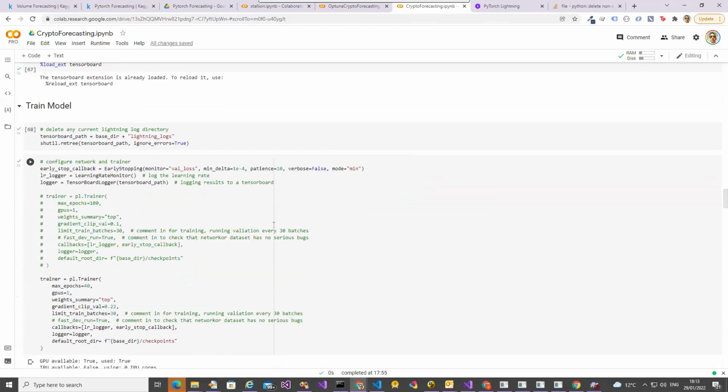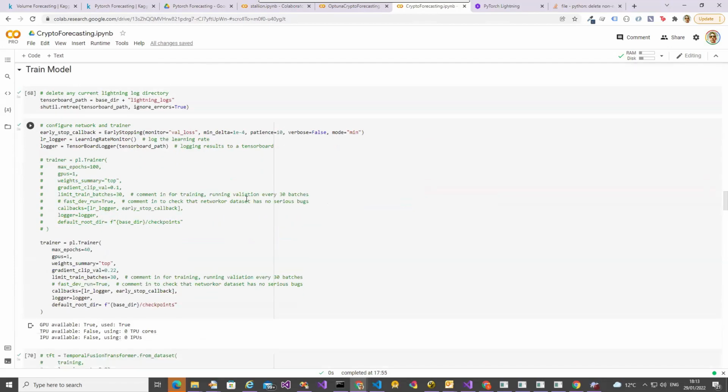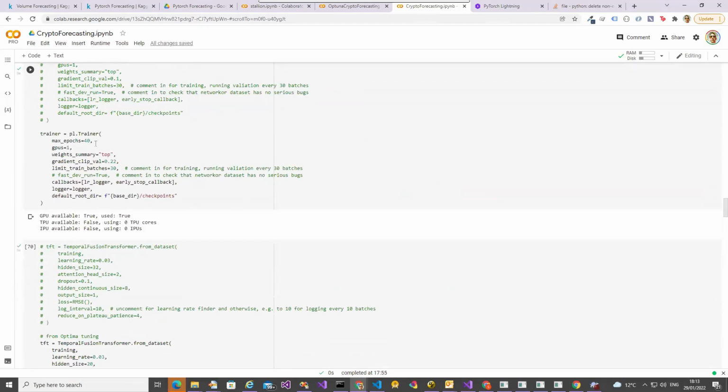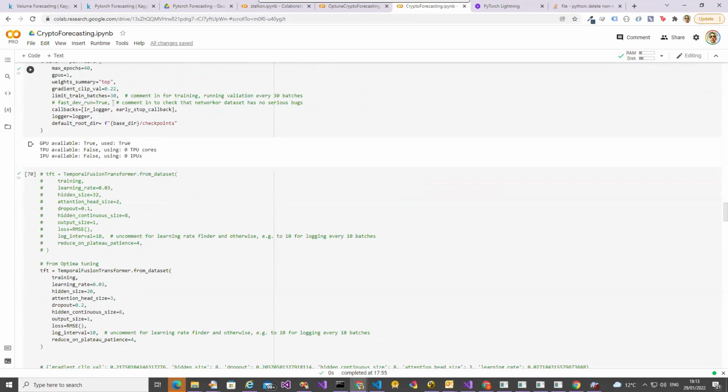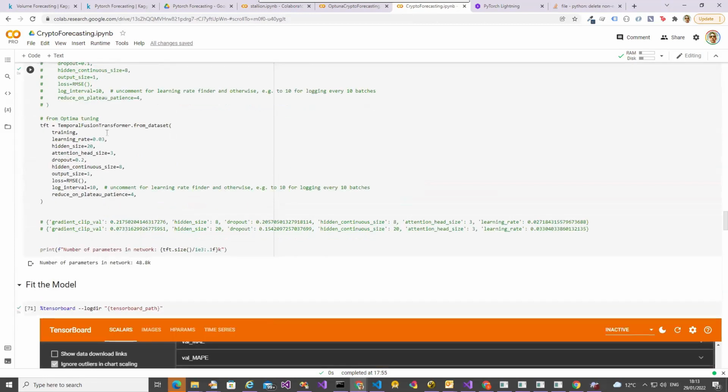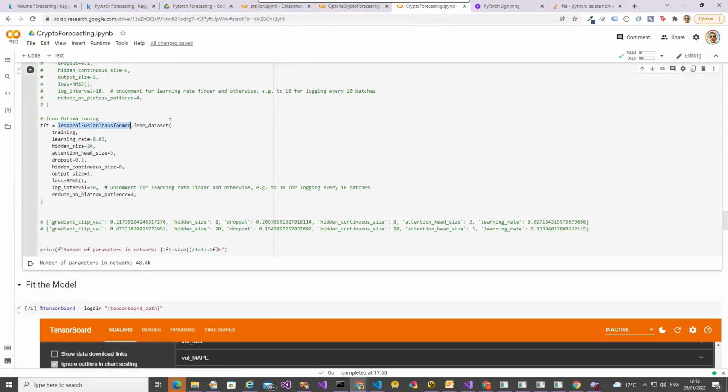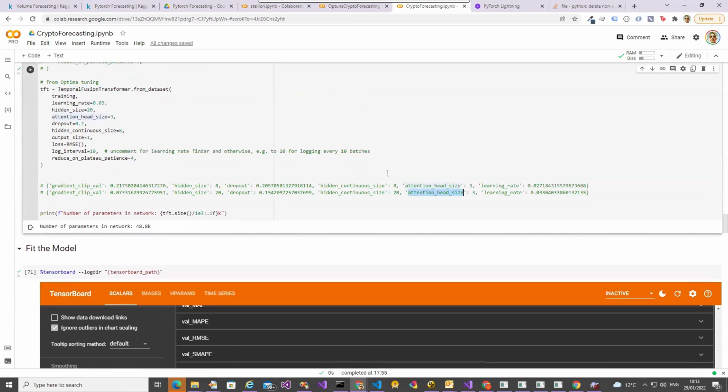But were you able to get it to run? It runs okay, and I've got it running for like 40 epochs. In the actual temporal fusion model, I ran that Optuna parameter finder, and it came back saying 3 attention heads was best, so I set that to 3.